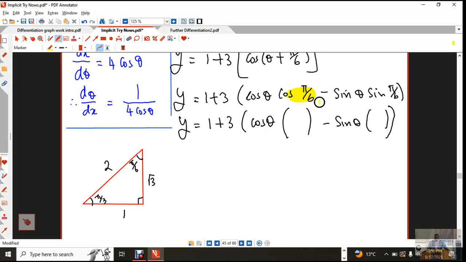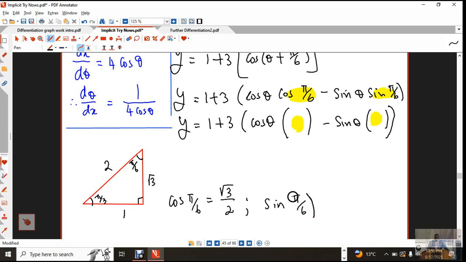Now, I'm going to find the cosine of pi over 6 and also the sine of pi over 6. That's what I'm going to input here. The cosine of pi over 6, cosine is adjacent over hypotenuse, which is root 3 over 2, and the sine of pi over 6 is a half, 1 over 2.